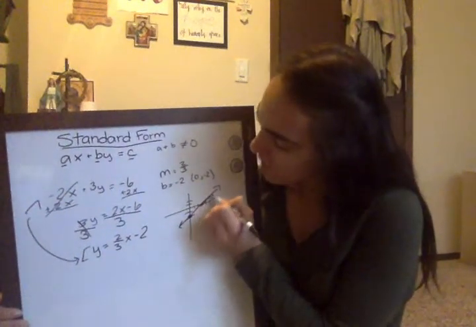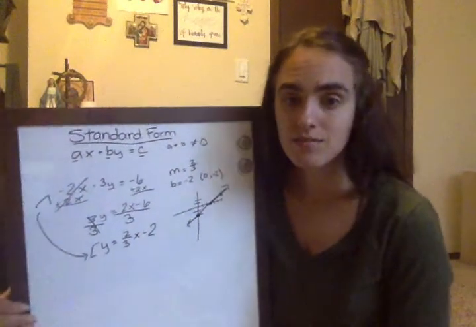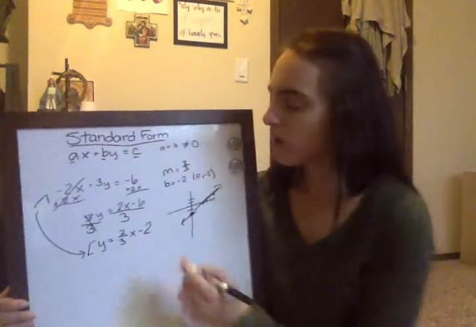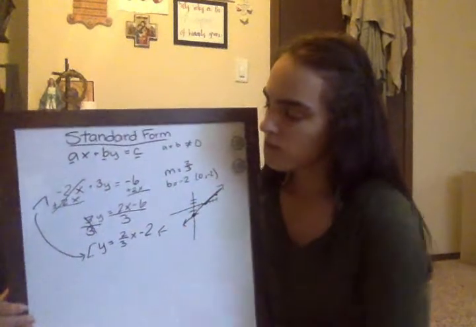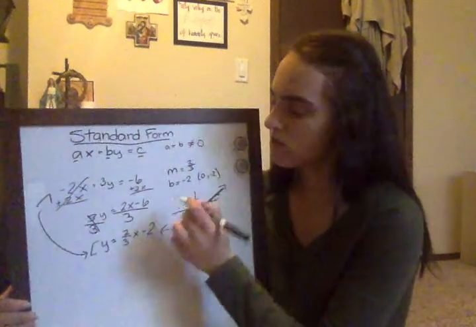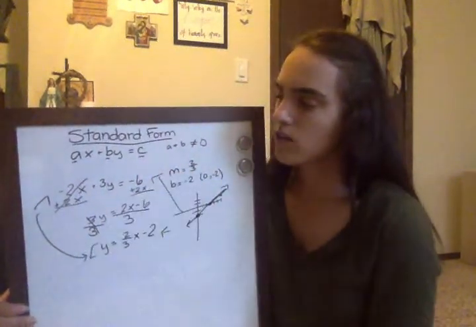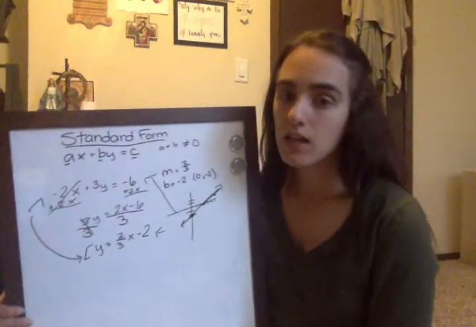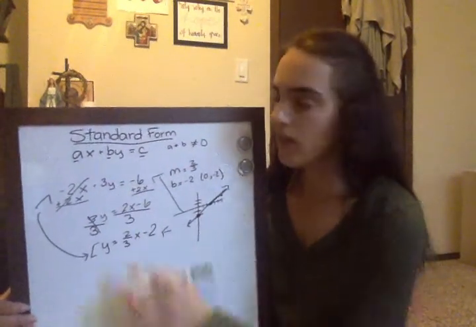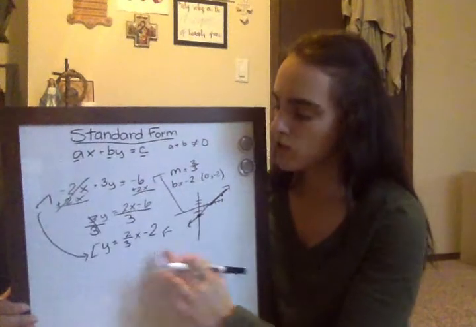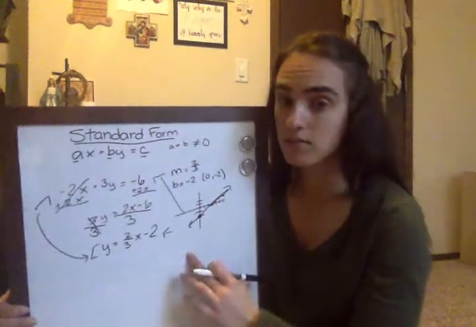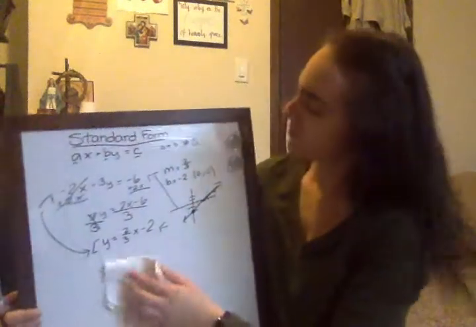Actually get your point in your line. Yikes. There's your line for both y equals 2 over 3x minus 2 and negative 2x plus 3y equals negative 6. This equation and this equation both represent this graph right here. Both equations represent the graph.